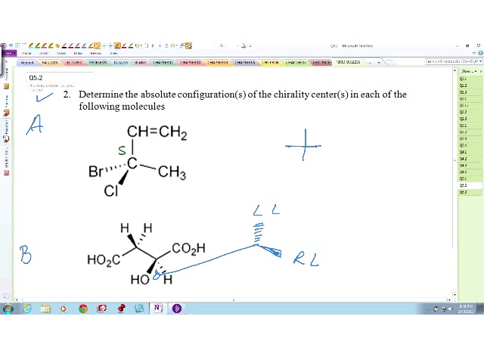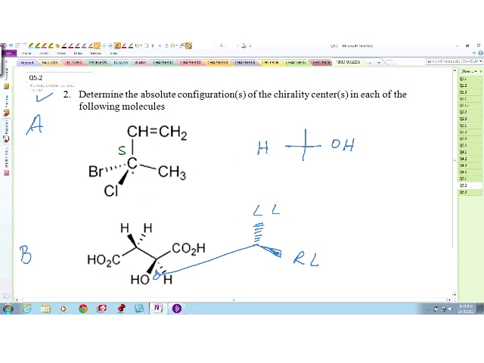Now, I will position myself. Let us now do a Fischer representation for that carbon. What is on my right? OH, very good. On my left, therefore, is hydrogen. What is above me, above my chest?